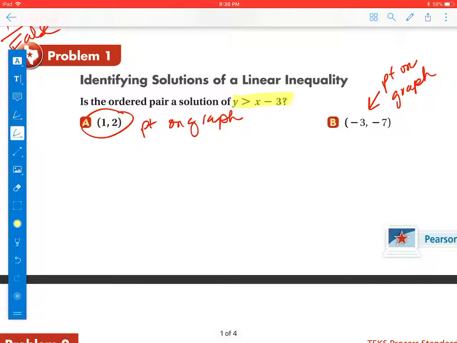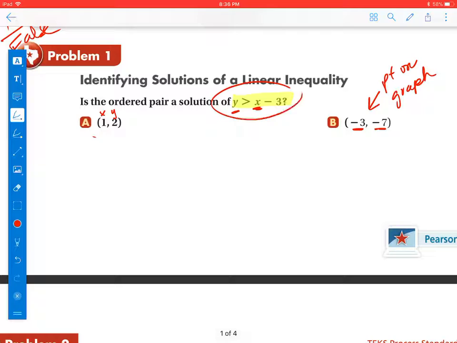I want to see if either one of these is a solution to the inequality that I'm given. Okay, really simple. This is x, this is y. That is the x value that is in here. This is the y value that's in here. This here is the x value. This is the y value that's in this point, or in this inequality, sorry.